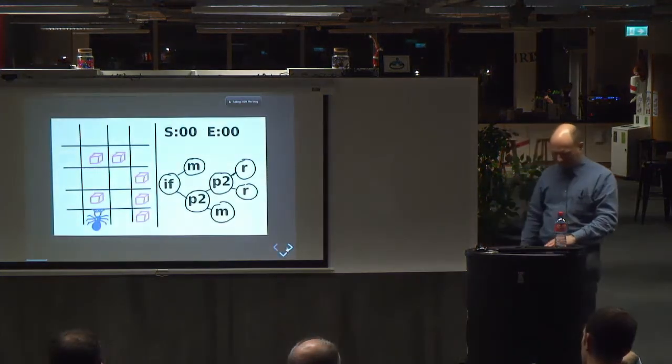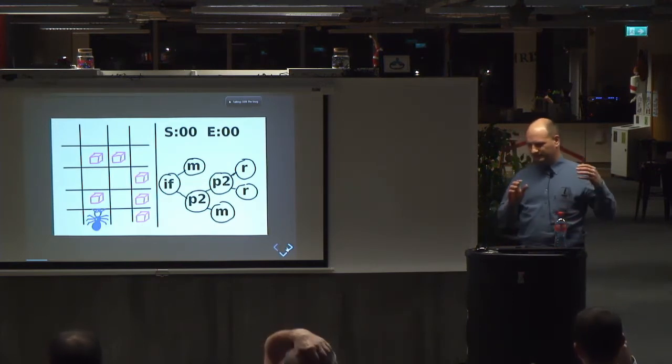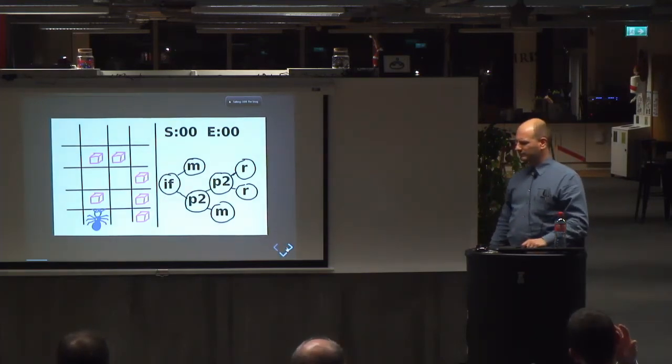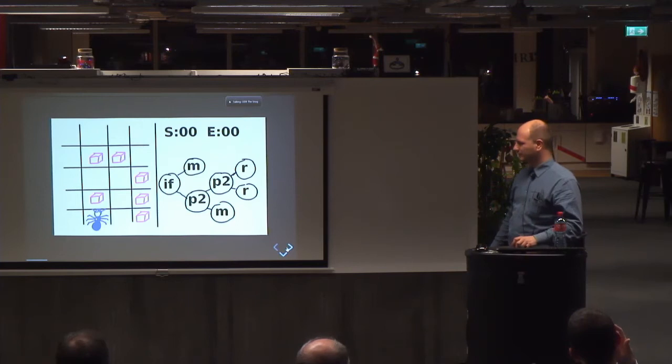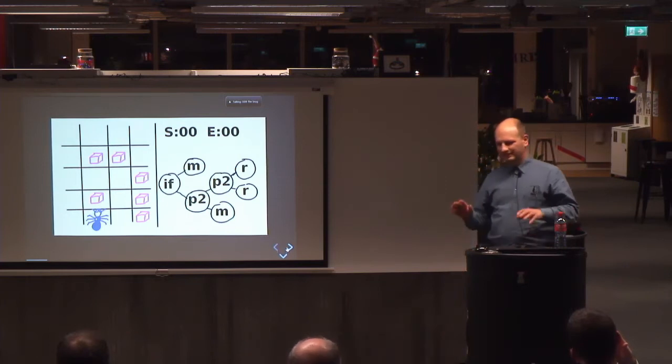So one of the examples which are heavily used, or was described in one of the first books which went into genetic programming, is the artificial ant problem.